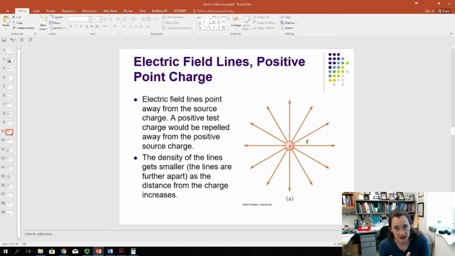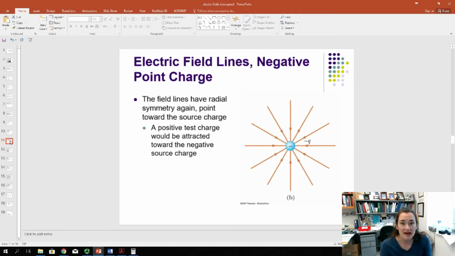Another thing you can get from this image is that close to the charge, the field lines are closer together, and then as they move away from the charge, they are further apart. This indicates that the field strength is getting less the further away from the charge that you get, and that makes sense given our kq over r squared equation that we saw earlier.